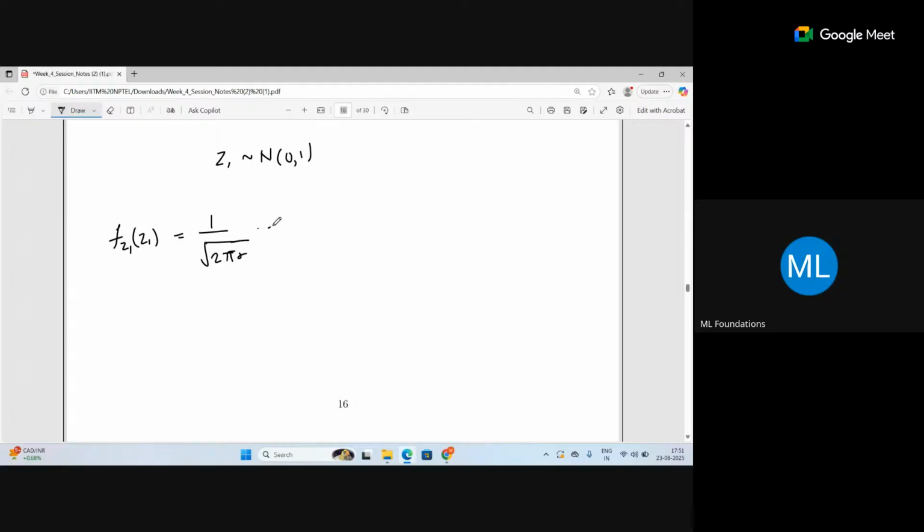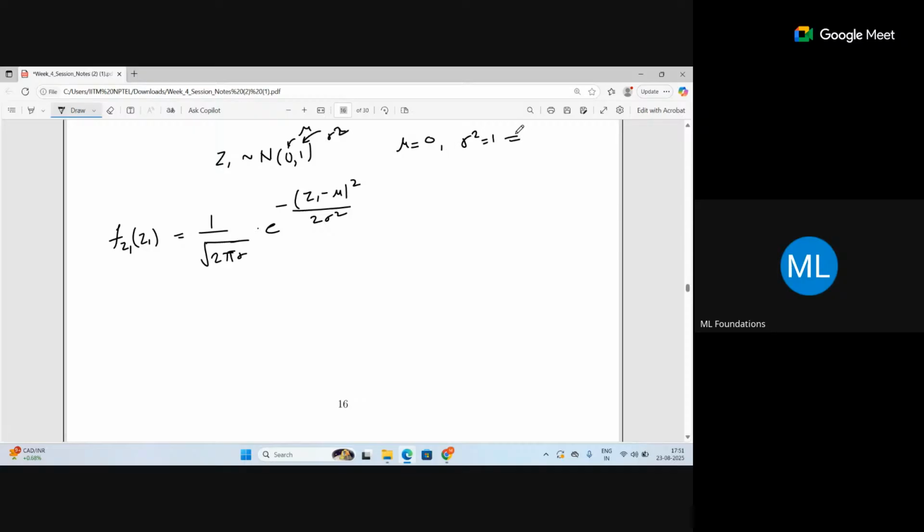Into e to the power minus z1 minus mu whole square upon 2 sigma square, right? Yes. And this is my mu and this is my sigma square. So mu is equal to 0 and sigma square equal to 1.